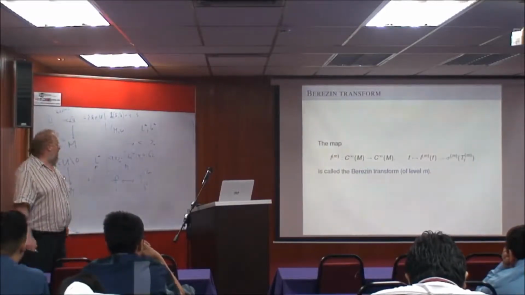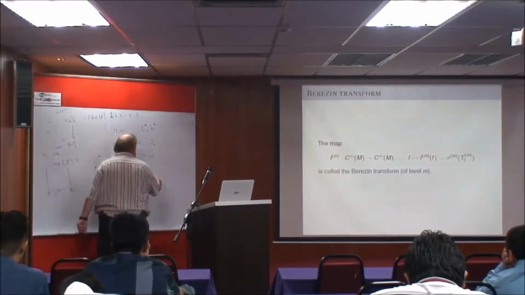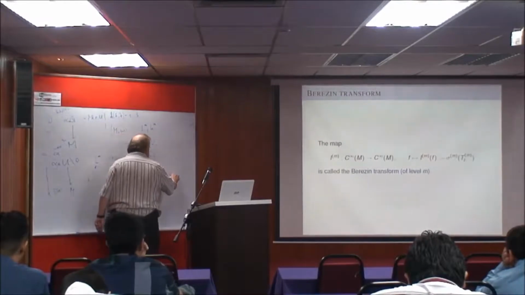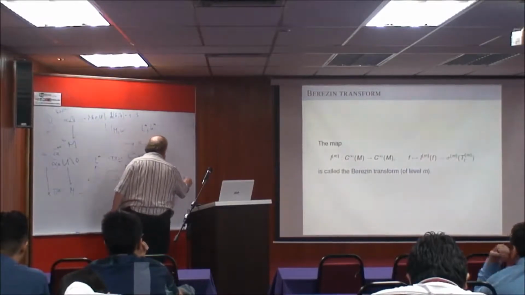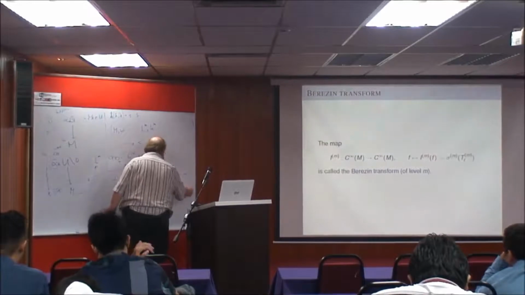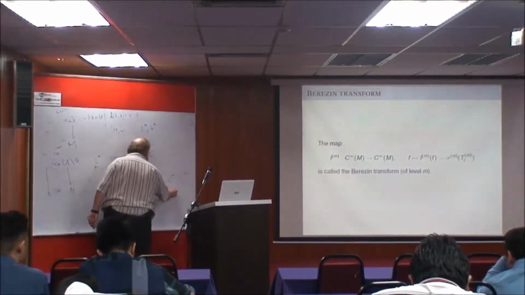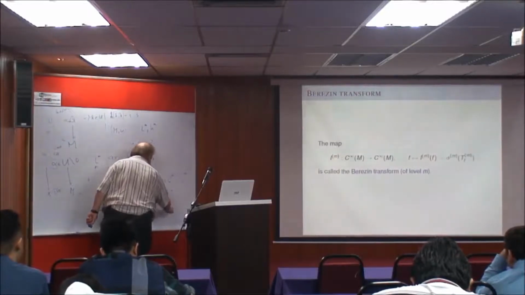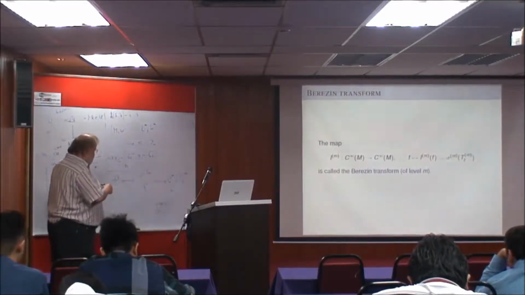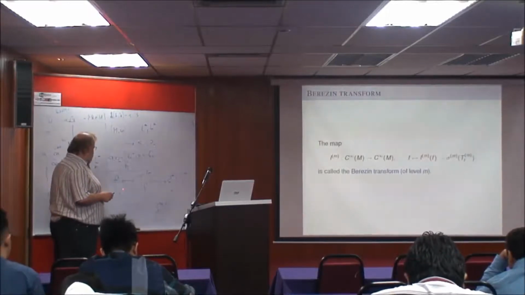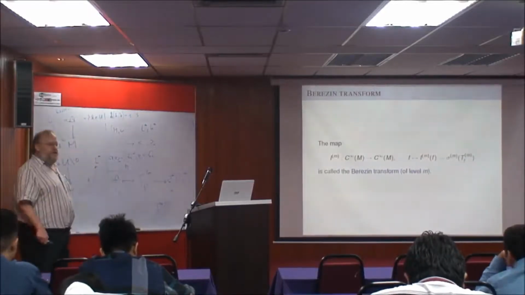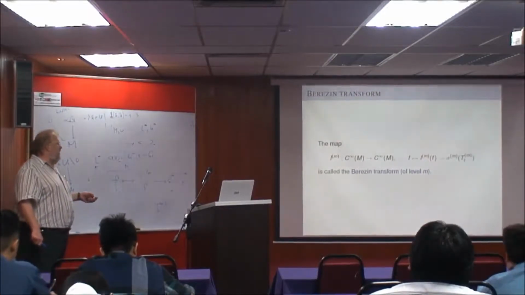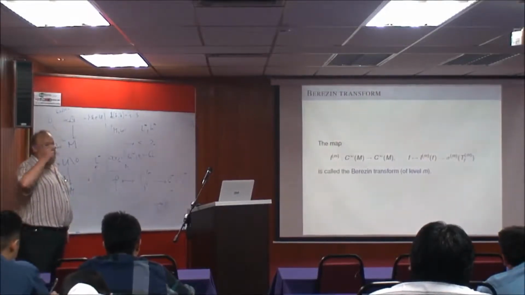Then we go back to the functions by considering the covariant symbol of this. You see, this is again a function here. We start with a function and end with a function. And this is what we call the Berezin transform of level m. So we do it for all m also here.